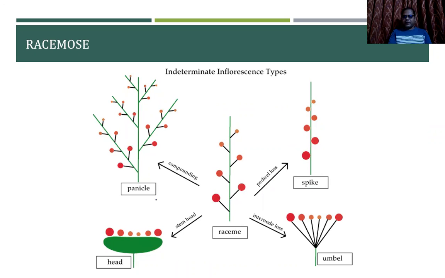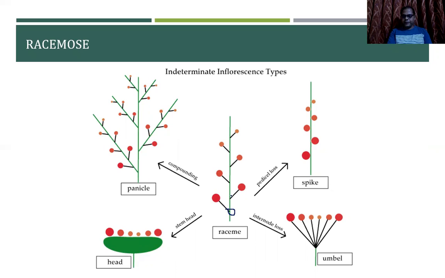If you remember this diagram, it will be very easy to understand the different kinds of inflorescence in the racemose kind itself. Now if this internode is lost, that means all of the flowers or pedicels originate from the same node.